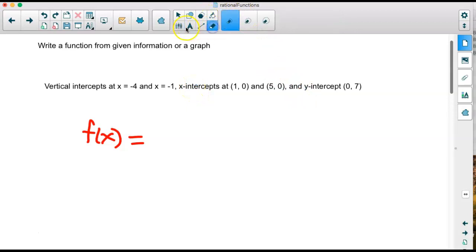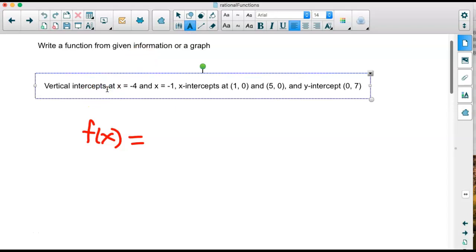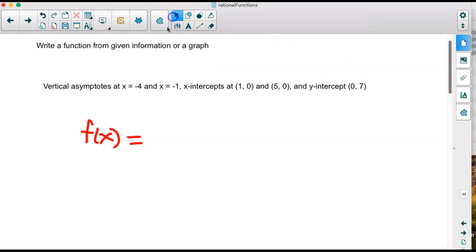I typed this in wrong. This is the vertical asymptotes, because we can't have intercepts and intercepts in this thing. That's not going to work out so well.